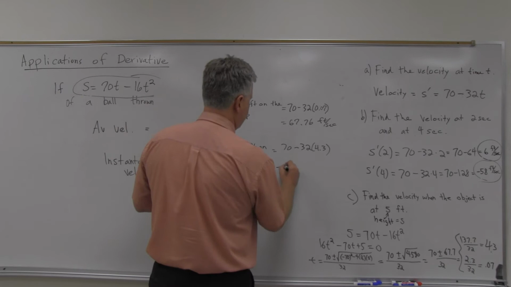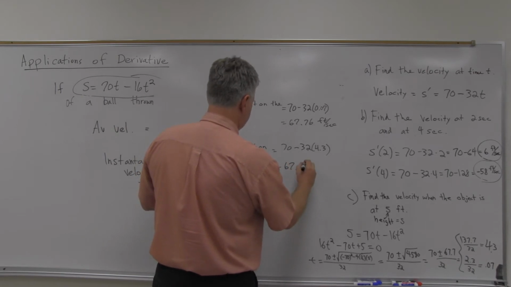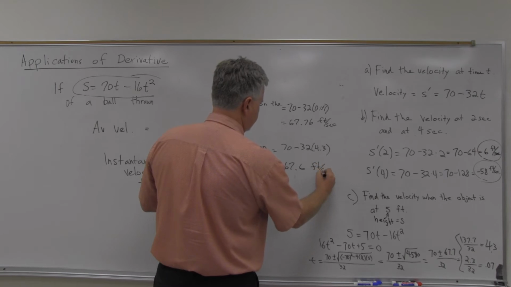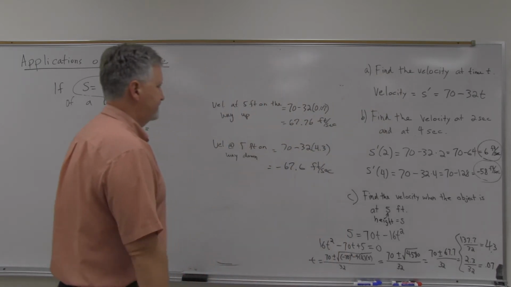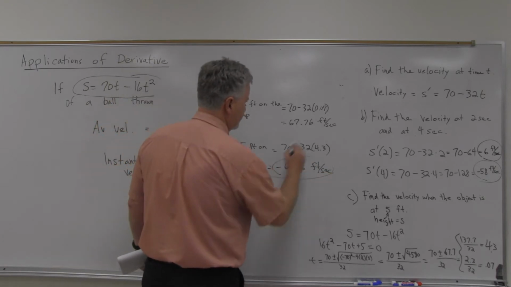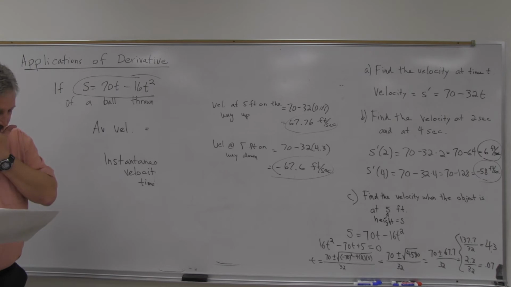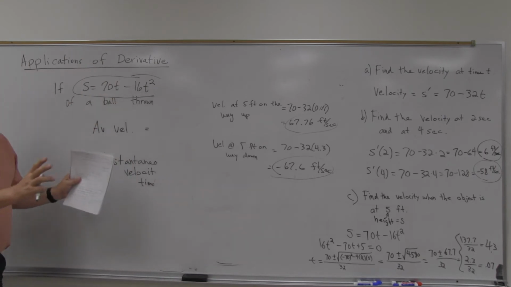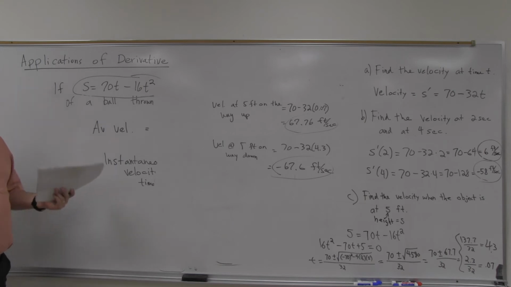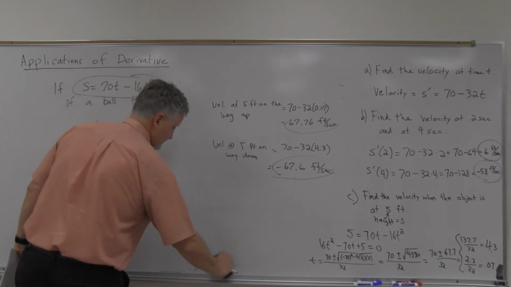Yeah, that makes sense. Should probably be the same, but my rounding kind of messed up a little bit. Anyway, interesting little problem. Is that okay? Any questions? So, velocity is another application of the derivative.